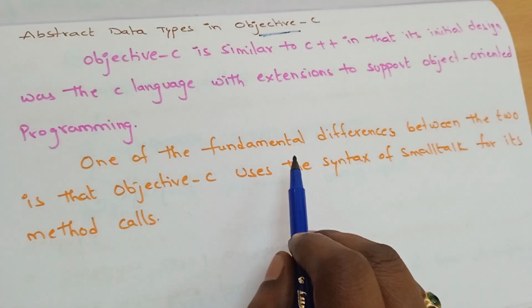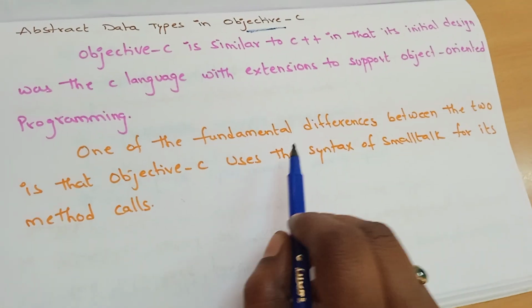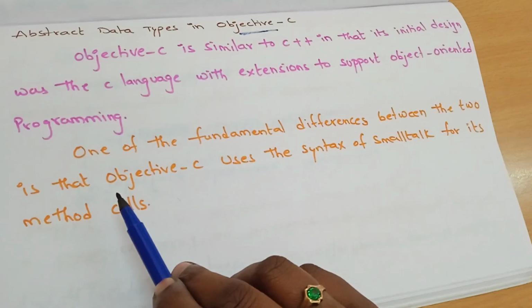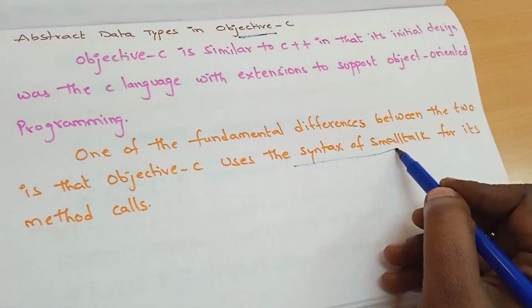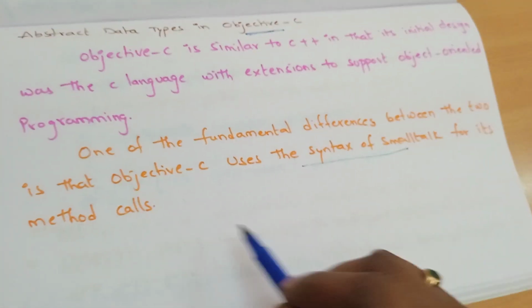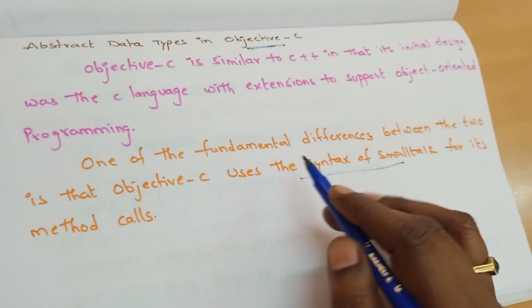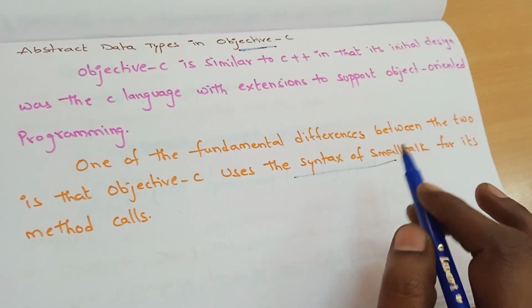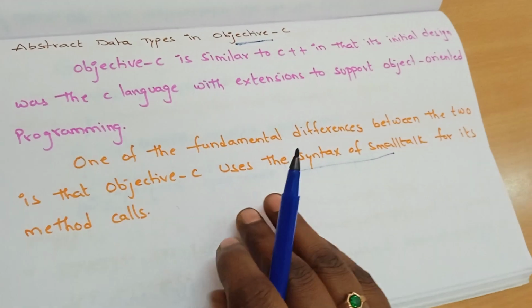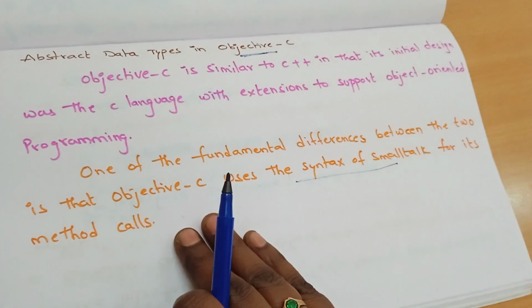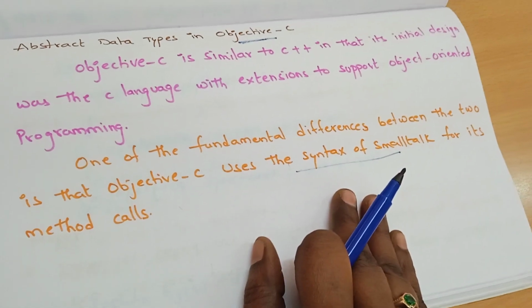One of the fundamental differences between the two is that Objective-C uses the syntax of Smalltalk for its method calls. We'll see more about Smalltalk, but when you see the differences, Objective-C uses the syntax of Smalltalk.